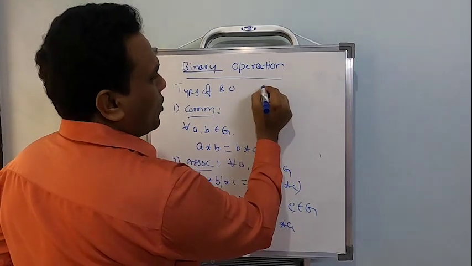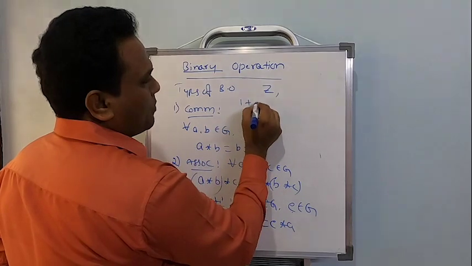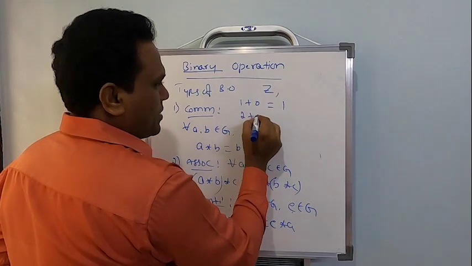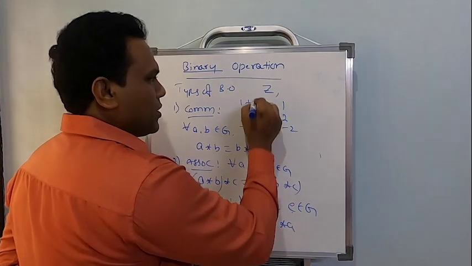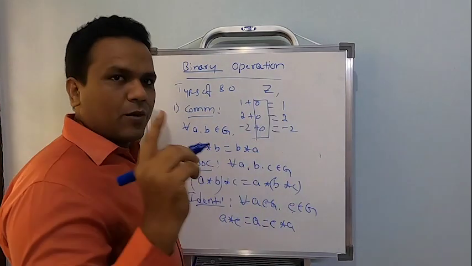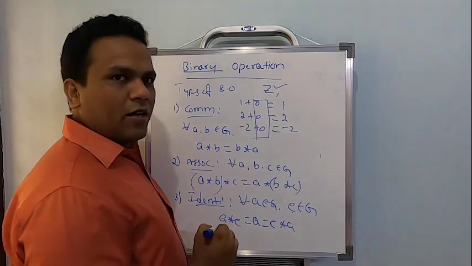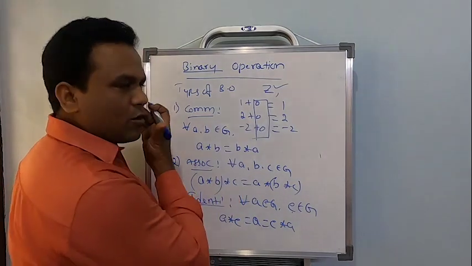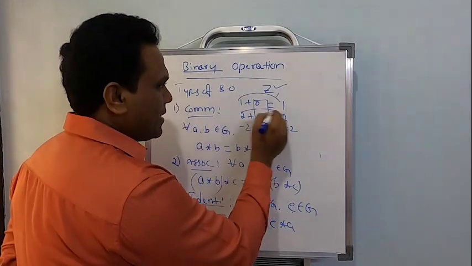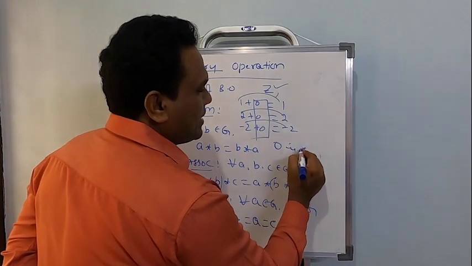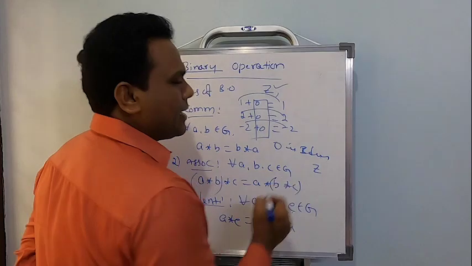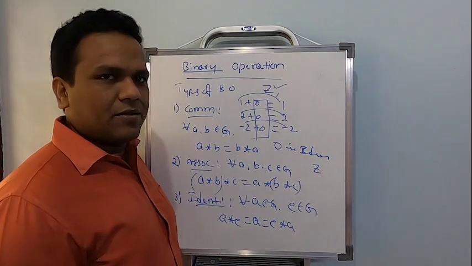For an example, on the set of all integers, 1 plus 0 will be 1, 2 plus 0 is 2, minus 2 plus 0 is minus 2. So this 0 is one particular element from the set of all integers. Whenever I add 0 with any other element, I will get back the same element. In such a case, 0 is the identity element under addition on the set of all integers.